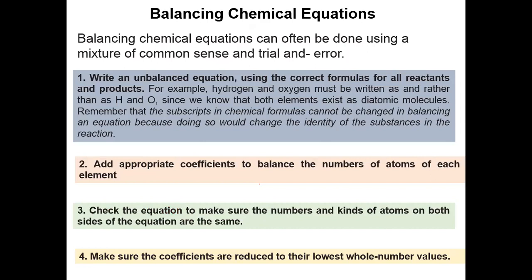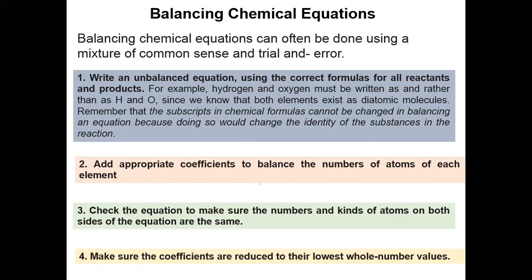Okay. So how do you balance that? You write the chemical equation. Very important is that you have the right formulas. Otherwise, it will not be balanced at all. So first of all, we need to know what the right formula is.